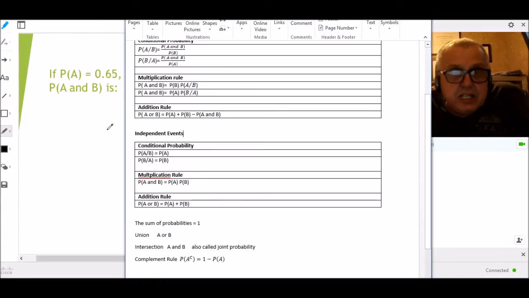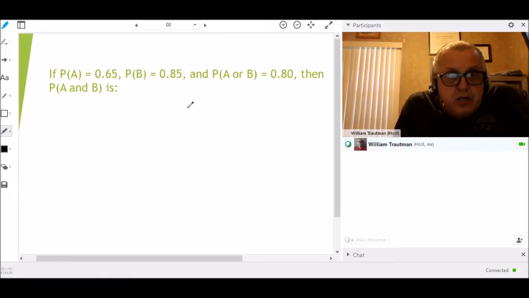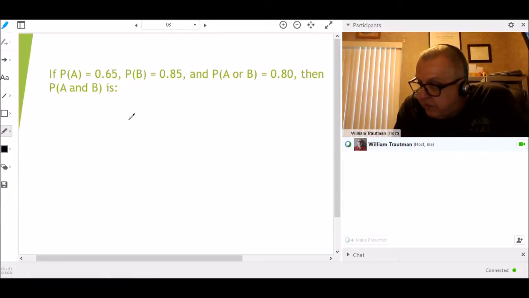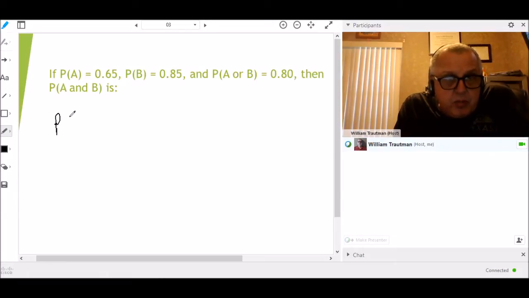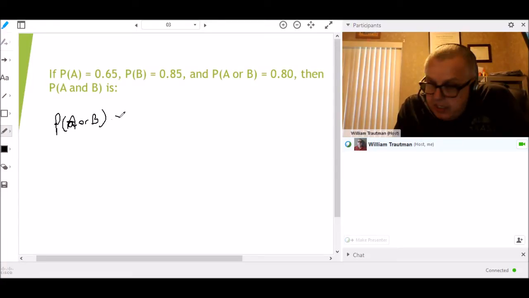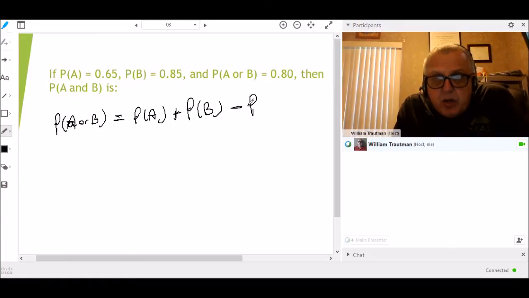The addition rule says the probability of A or B equals the probability of A plus the probability of B minus the probability of A and B.